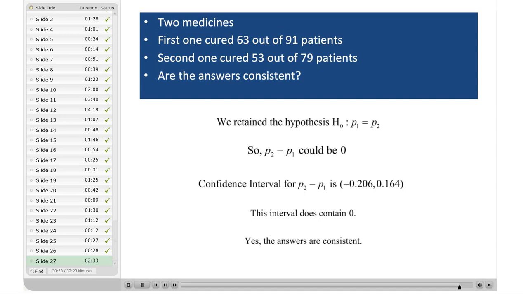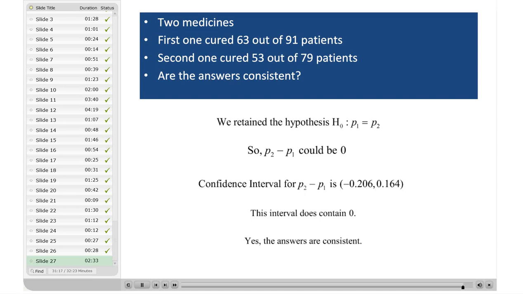If P2 minus P1 is negative, then the first medicine is better. And also P2 minus P1 could be 0, which would indicate that the medicines are equal. So we actually don't know if either one of these medicines is better than the other one. And for all we know, they're equal, which means that our statistical test just wasn't conclusive in answering the question of which one of these medicines is better.